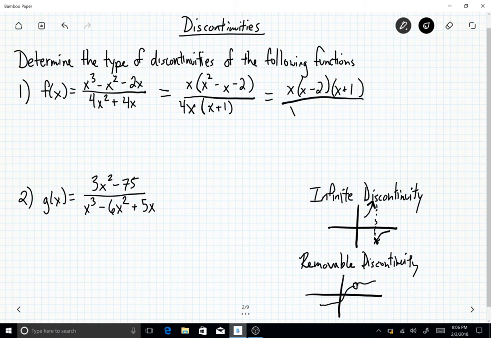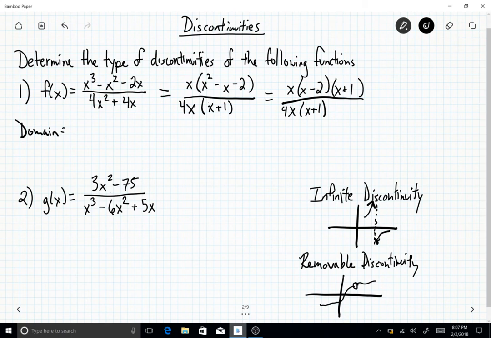So notice, though, that you get 4x, and then you have that x plus 1 sitting right there.